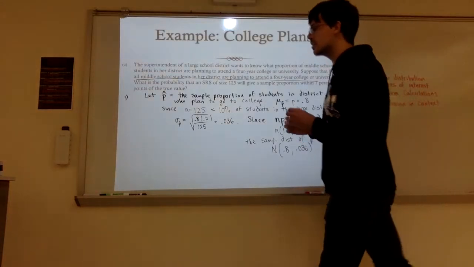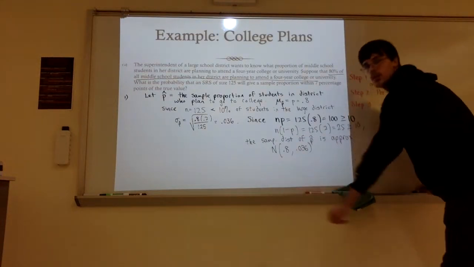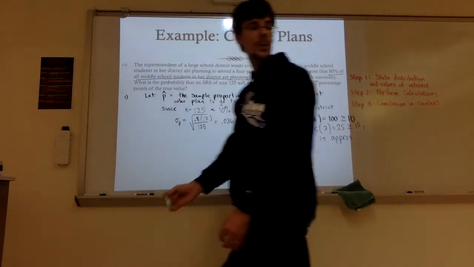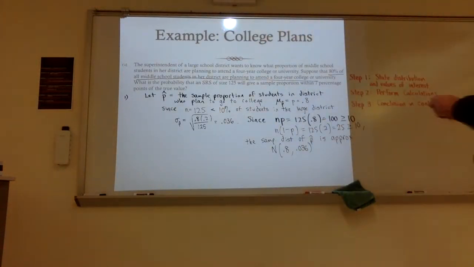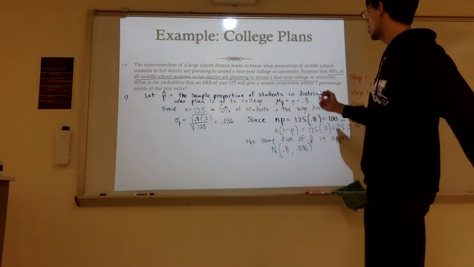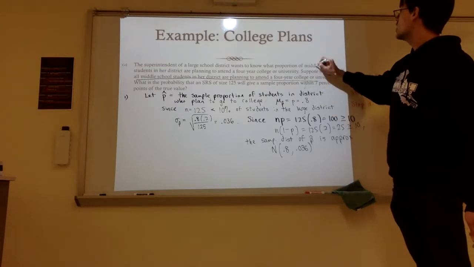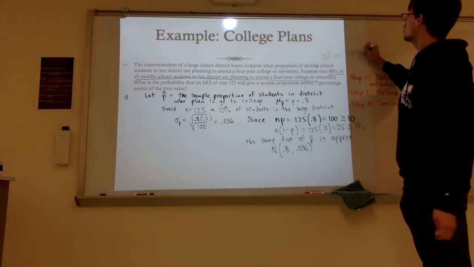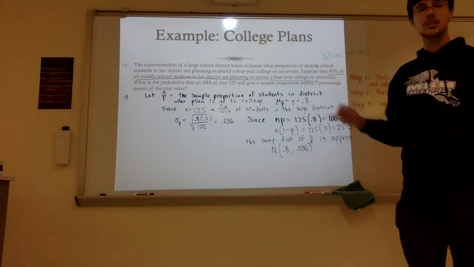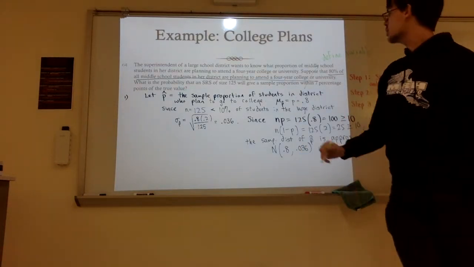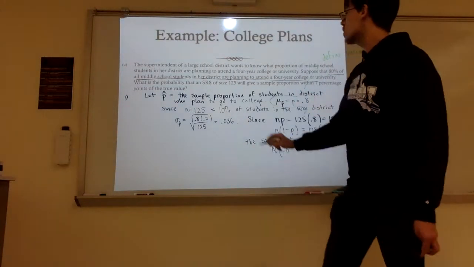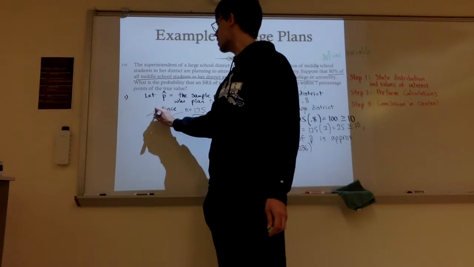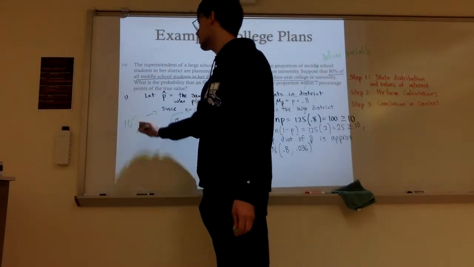So I'm going to erase this so I have room. But I want to highlight several things that I want you to put on your paper as well. Important things to do when you're setting up this first step, your setup for the problem. First of all, defining the variable is going to be really important. So we establish what p hat actually is in words. Afterwards, we find the mean, we find the standard deviation. But before doing the standard deviation, you've got to make sure you do your 10% condition.